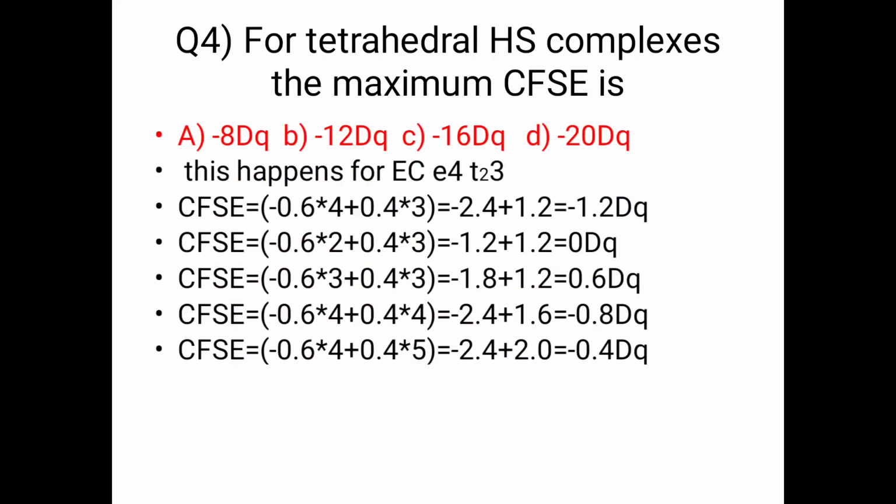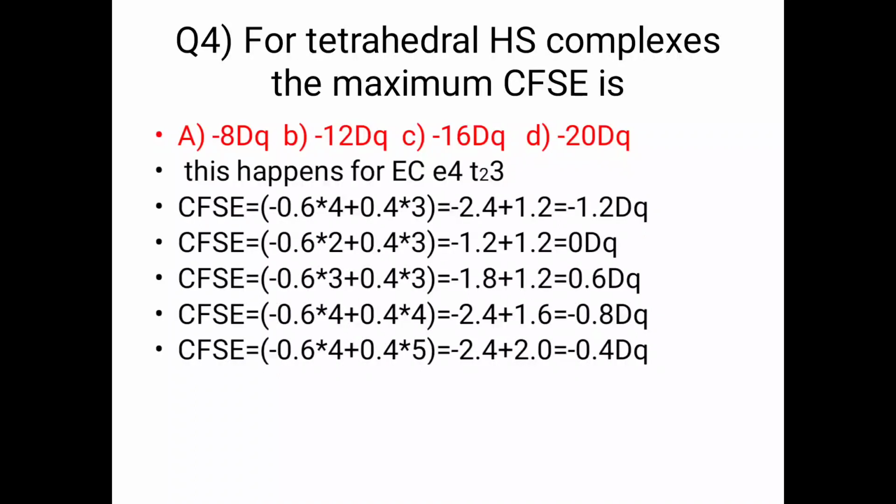The next question: for tetrahedral high spin complexes the maximum CFSE is. What you need to remember is that tetrahedral complexes are always high spin, so just omit the idea of low spin. See the splitting pattern: e comes down and t2g goes above. That is dx2-y2 and dz2 are down, whereas dxy, dyz and dzx are above. Since tetrahedral complexes are always high spin, you need to calculate the maximum CFSE.